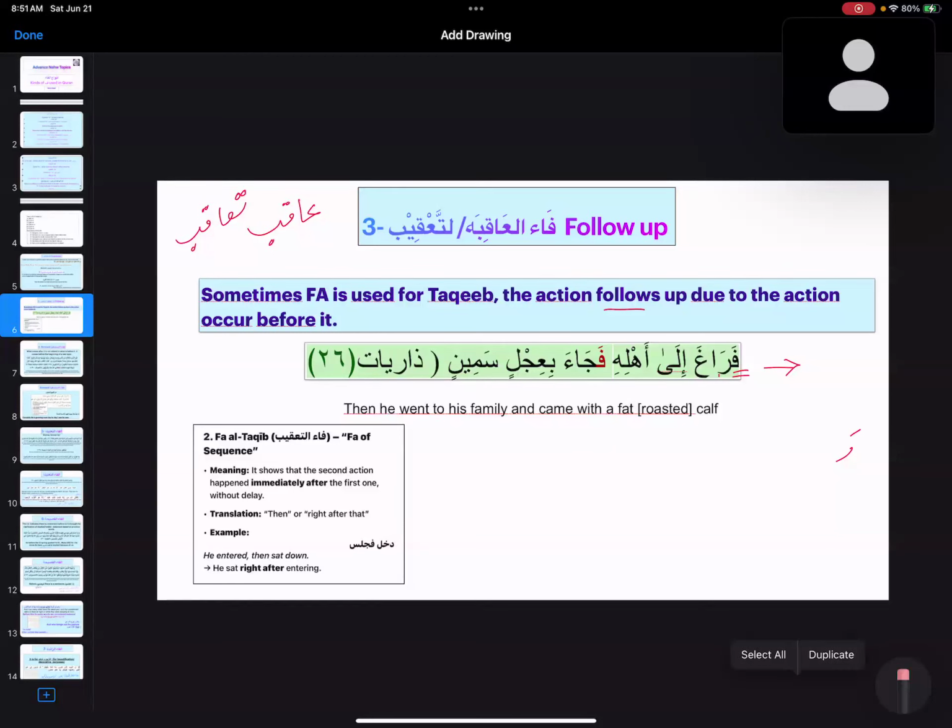Okay, so "faraga ila ahlihi," he went to his family. "Faja'a bi 'ijlin samin." And then obviously now over here, again we can think, okay, he went to his family, and obviously he has provided his wife with that goat.